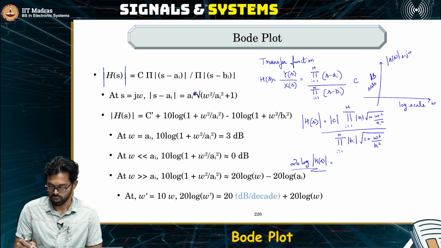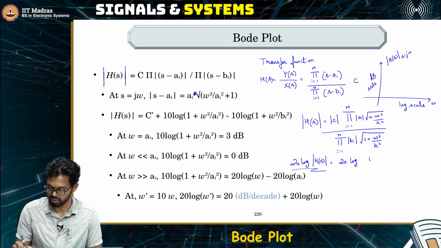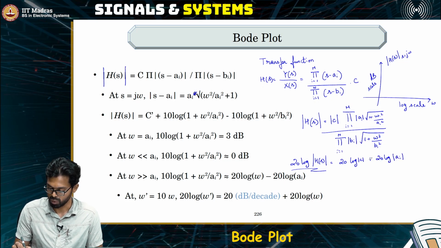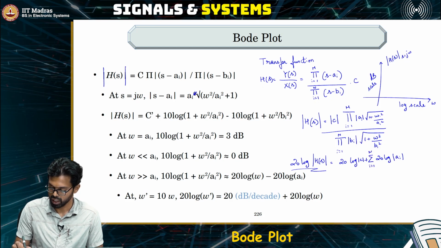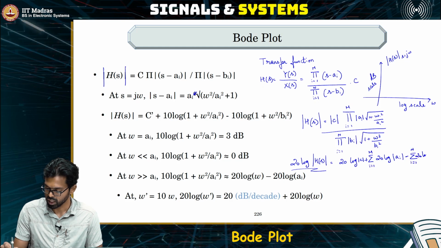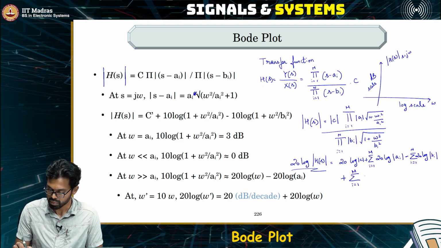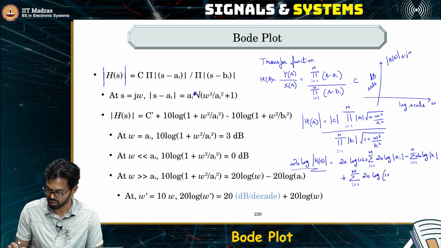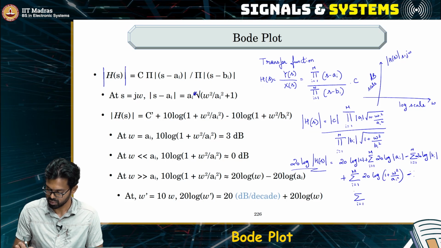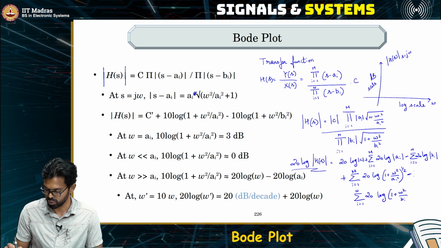What is this equal to? 20 log mod c plus 20 log mod ai, so we have m such ai, minus, similarly for the bi's, we have capital N such bi's, plus summation i equals 1 to m of 20 log of 1 plus omega squared by ai squared, minus 20 log of 1 plus omega squared by bi squared.